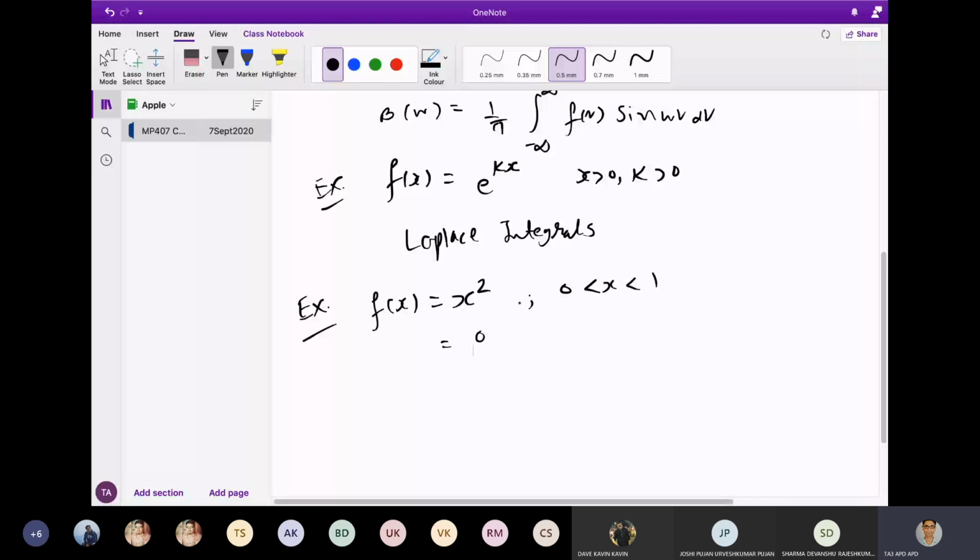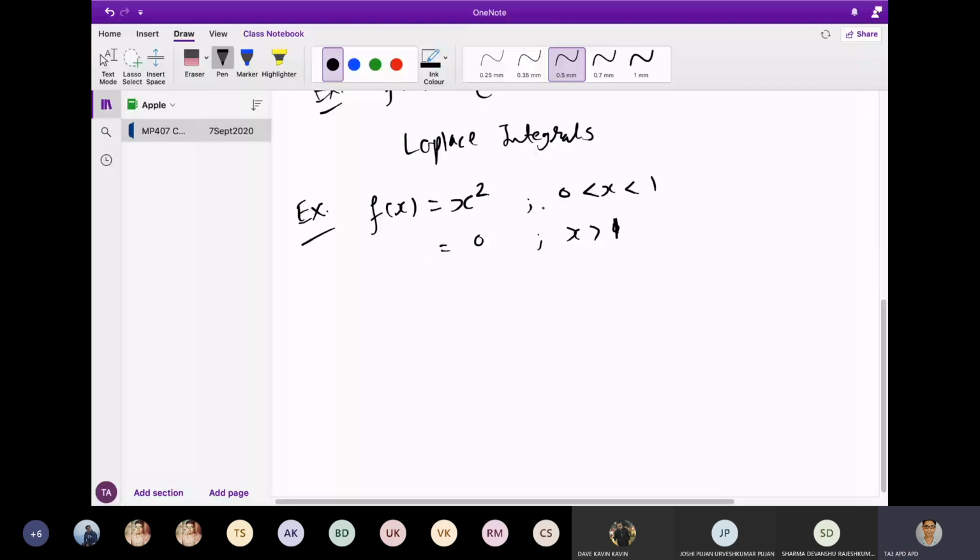So for x greater than 1, the function is 0. Between 0 and 1, it is x square. So we have to find out the Fourier cosine integral and Fourier sine integral for this. All right, so let's do it.